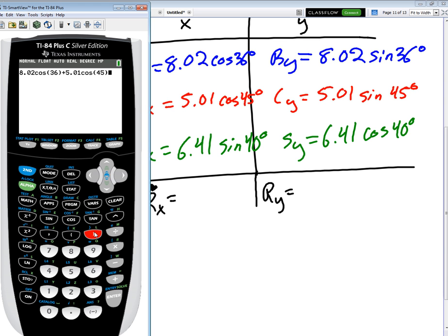I'm just adding up all of the x components in the column on our table, plus 6.41 sine 40. And I get an answer, okay? Am I going to write that answer down to use it? No, I'm going to leave it on my calculator. On the calculator, it actually takes it out to like 20 decimal places, right? It's a very accurate answer. So we'll leave that there.